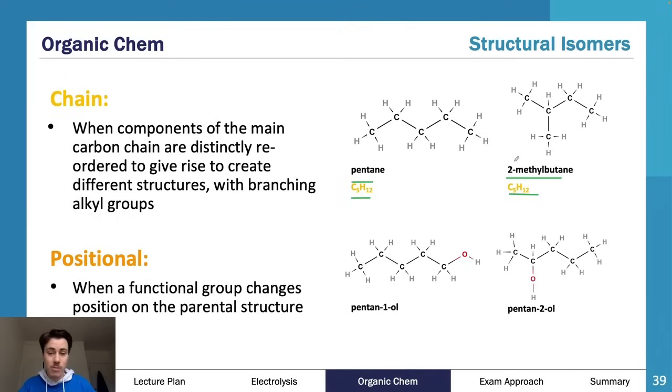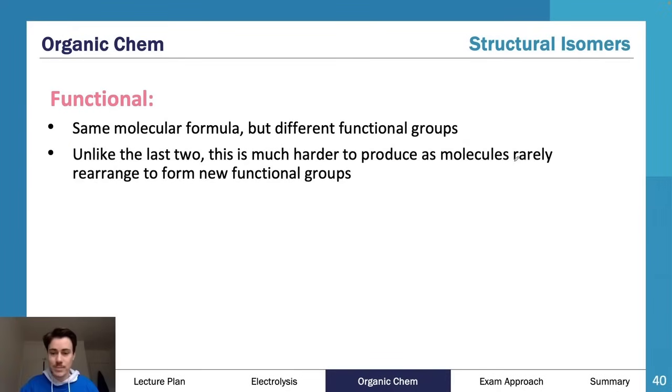You've moved the alcohol from the first position to the second position. That's simply all you're doing. As you can see here, same molecular structure. C5H12, C5H12 with an oxygen added to both. Same structure, everything. You've just moved the position of the functional group. Really important to understand that that is all you have done there. That's all you're going to change.